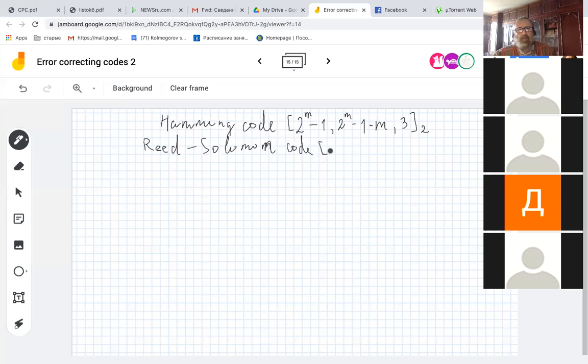Each code in this family is defined by 3 parameters: the cardinality of the alphabet q, which should be a power of prime, the block length n, which is at most the cardinality of the alphabet, the dimension k, and the distance is n minus k plus 1.